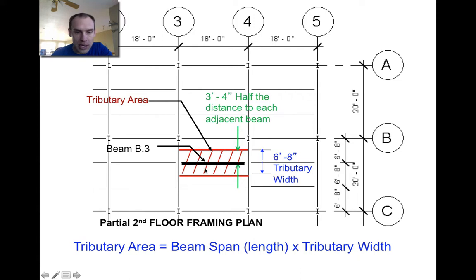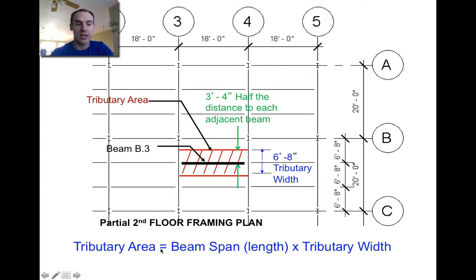Each beam supports halfway to the next beam. So it supports halfway to this beam here, and this black beam supports halfway to that beam right there. If we go halfway in either direction, that's 3 feet 4 inches this way, 3 feet 4 inches this way, so you have 6 feet 8 inches tributary width, which is essentially just the width between beams. So that is our width, and our span is 18 feet.